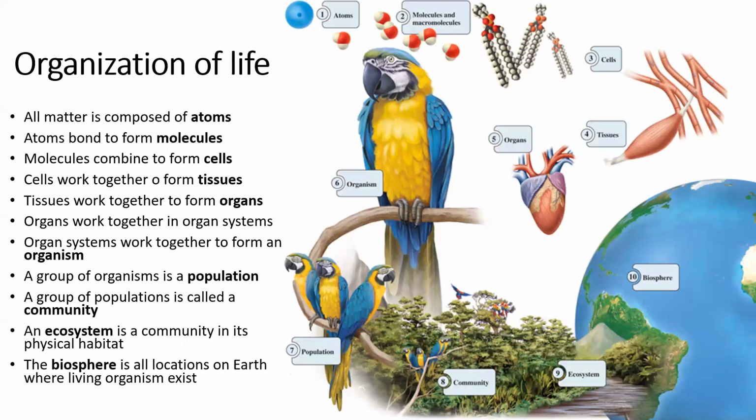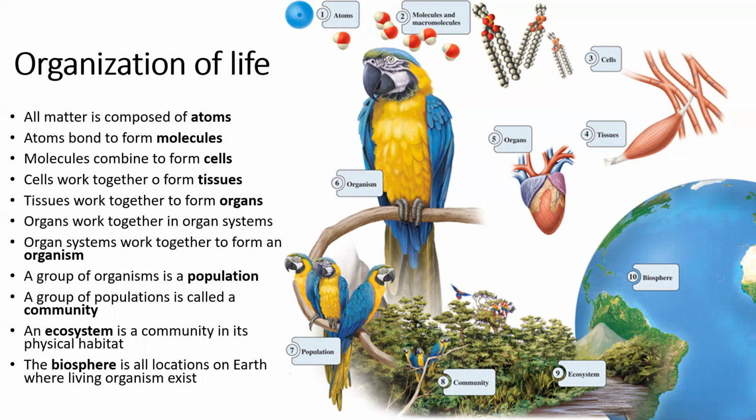All right, so when we talk about organization of life, I've talked about this briefly earlier in our discussion, this fact that we have a hierarchy of life. Basically, we know that everything is comprised of atoms.